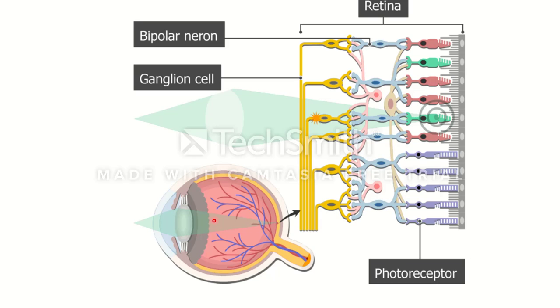Another example is the retina, and you can see here the bipolar neurons layer of the retina.